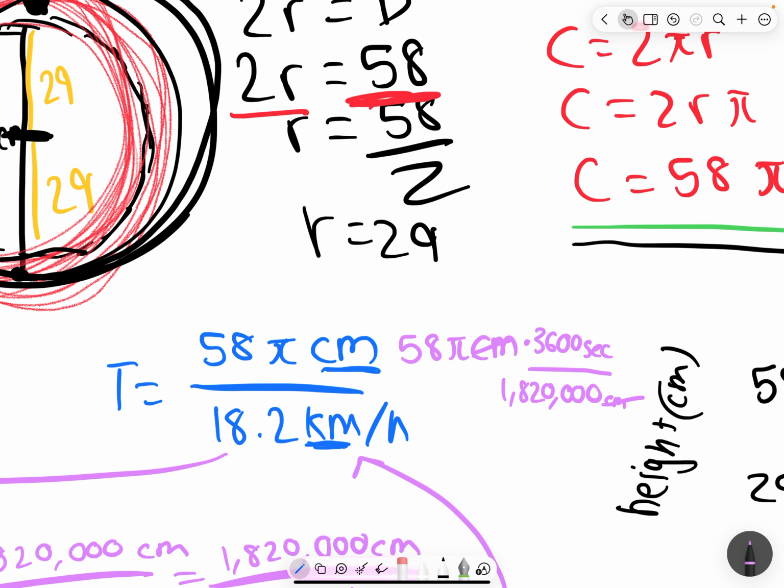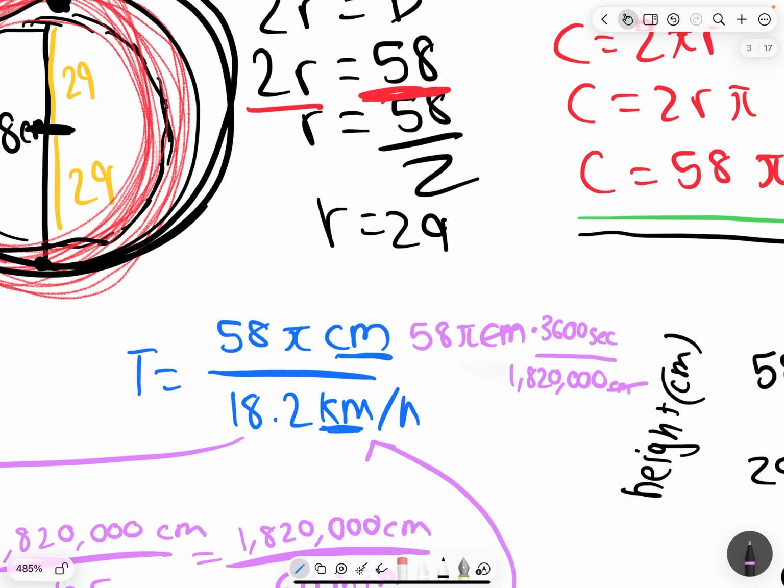So we have to do 58 times pi, and 3,600 divided by 1.82 million gives us this value, right? If you did it correctly, you should be getting something such as 0.36.